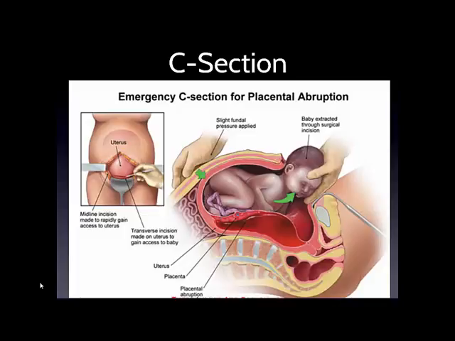In a natural childbirth, she can be walking around and very active in the next couple of days. If she has a C-section, she needs to rest a lot more and can't get back to her normal activities as quickly. So they'll try to have a natural birth as much as they can, but sometimes they need to do the C-section for the health of the baby or the mother.